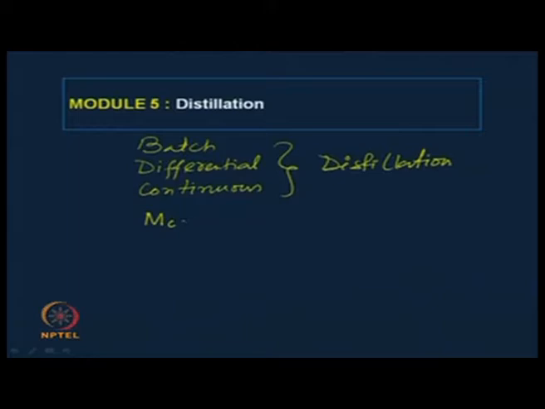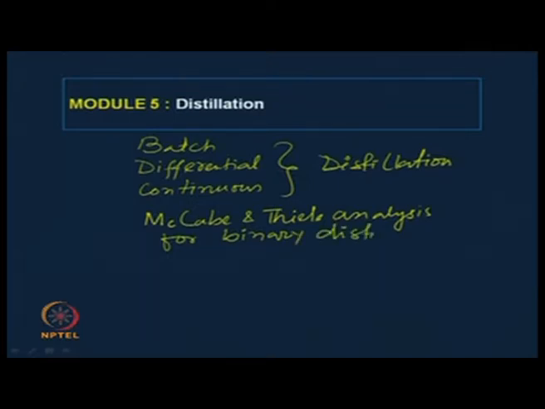McCabe and Thiele analysis for binary distillation, then we will be discussing azeotropic distillation, and extractive distillation.